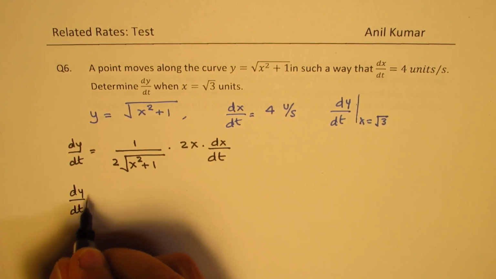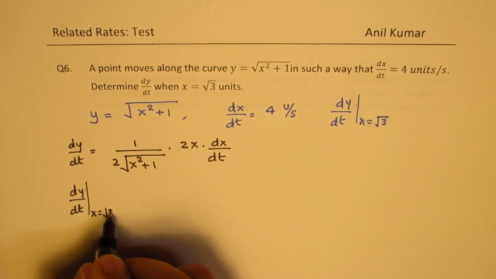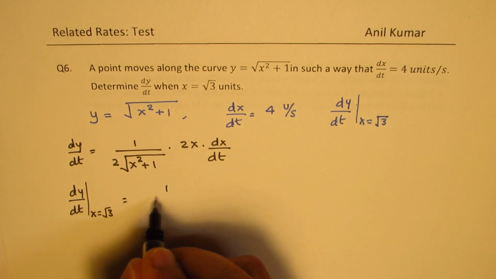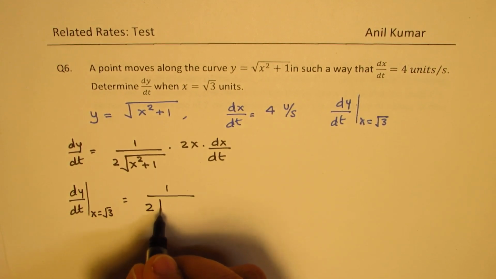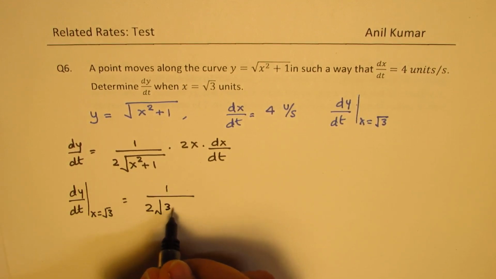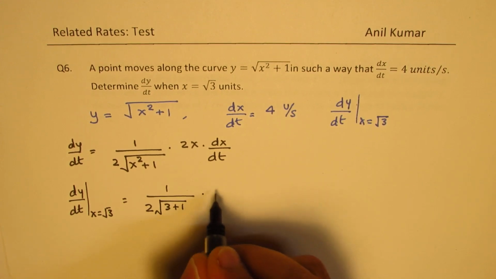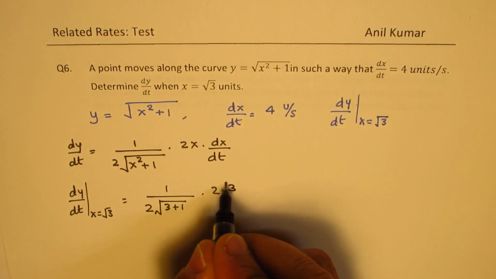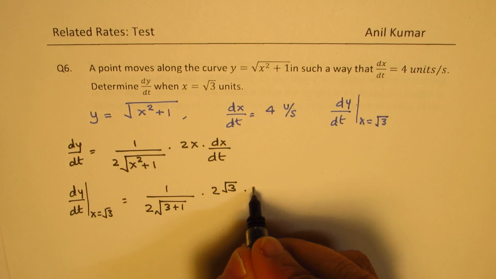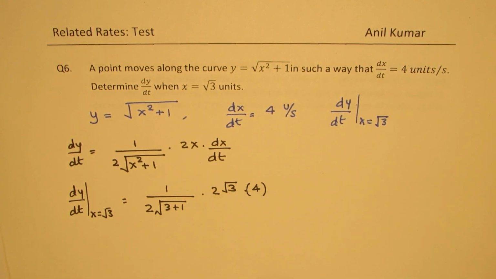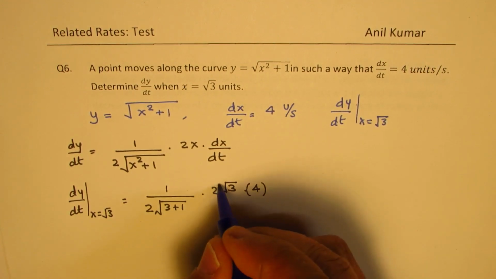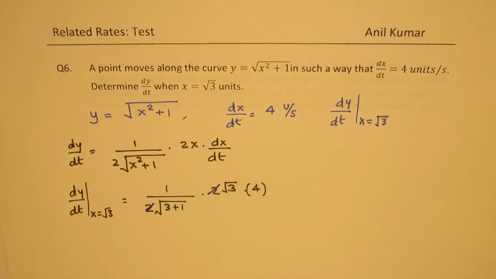So dy/dt at x equals square root of 3 should be equal to 1 over 2 square root of 3 plus 1, times 2 times square root of 3, and dx/dt is given to us as 4. We can simplify this, and the square root of 4 is 2.